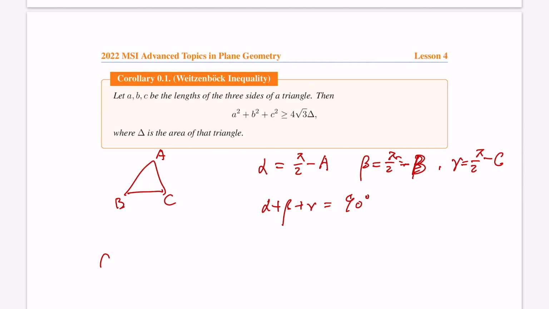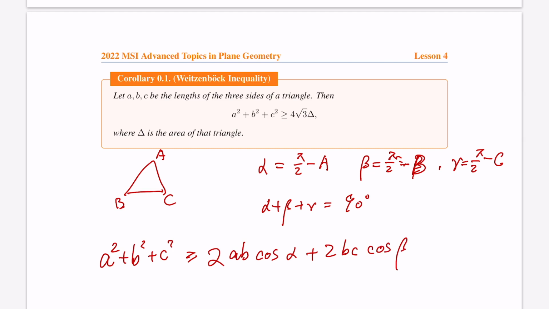And then I can use the inequality a squared plus b squared plus c squared is bigger than 2ab cosine gamma, 2bc cosine alpha, 2ca cosine beta.